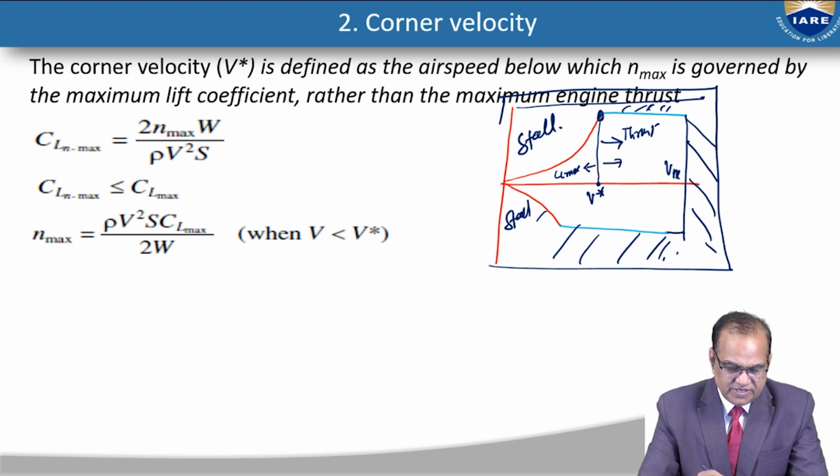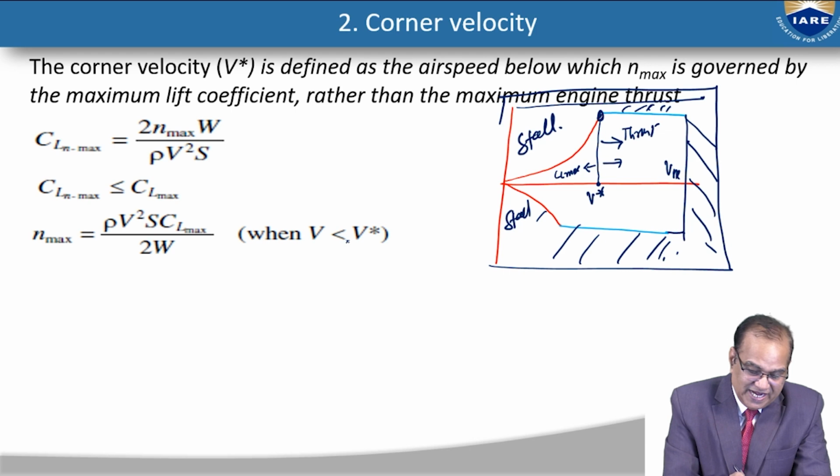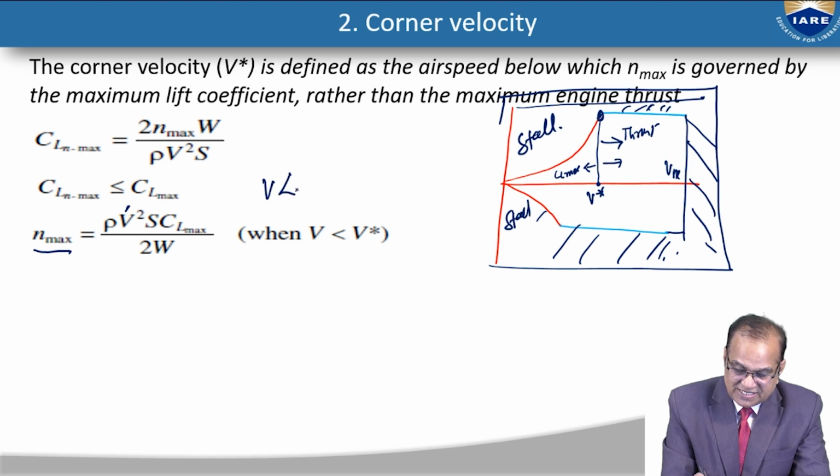So N maximum is equal to rho V square S CL max by 2W, where V is less than the V star. If you want to fly at N maximum, this V should be less than the V star.